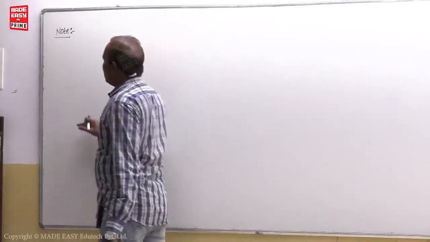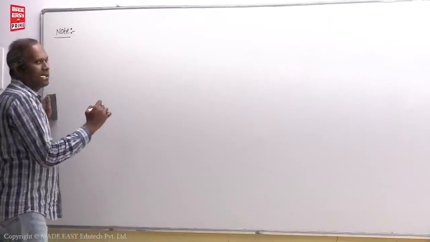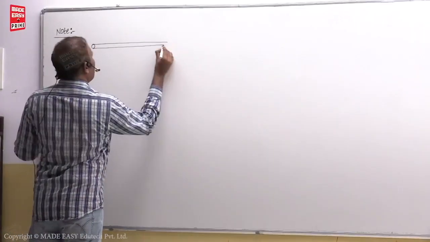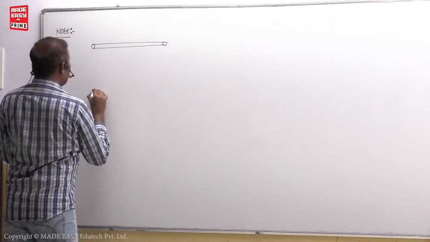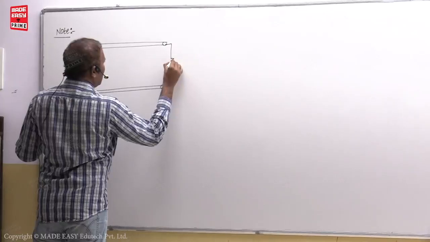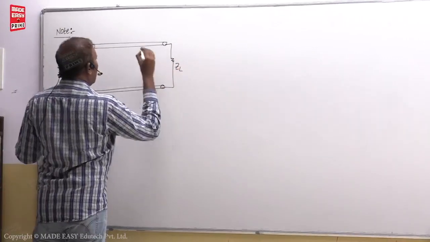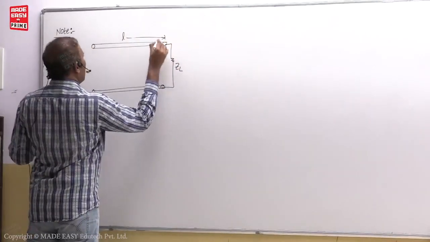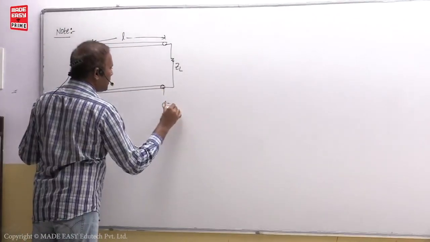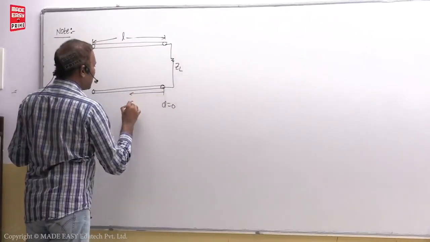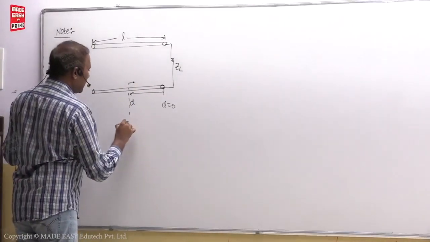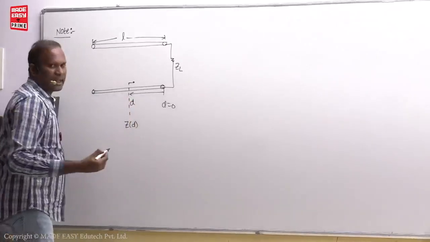Okay, dear students, now see this one. Basically, if you take the transmission line, this is ZL, and this is the length of the transmission line, total length L. D is equal to 0. Now at a distance d, what is the impedance of the transmission line?